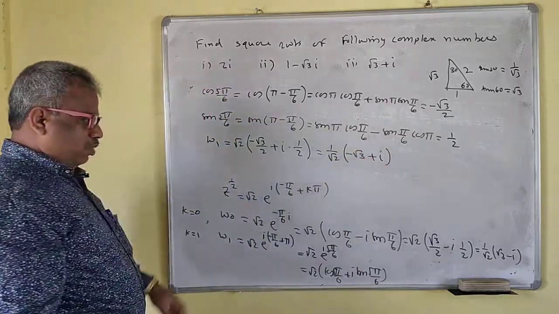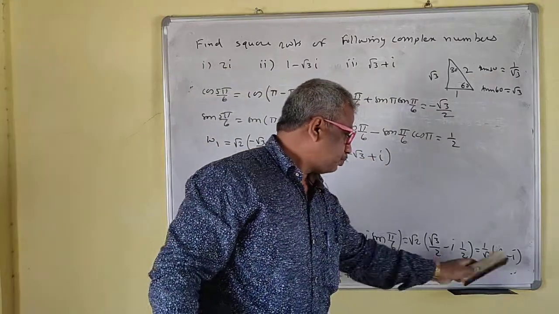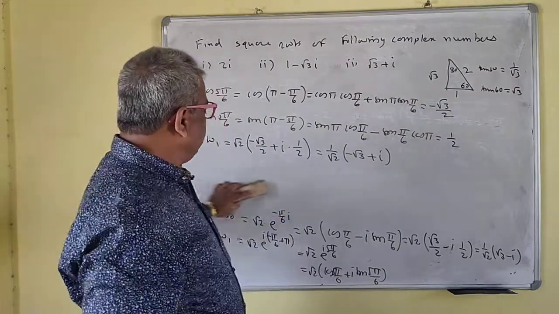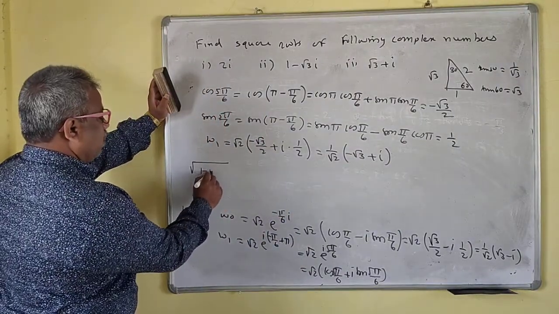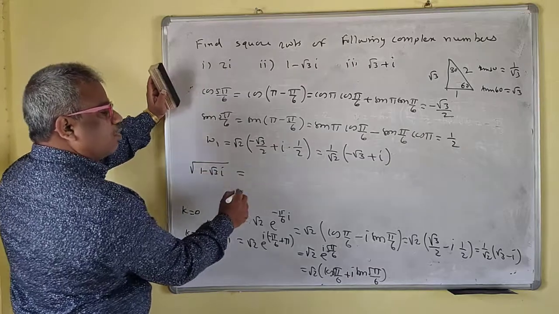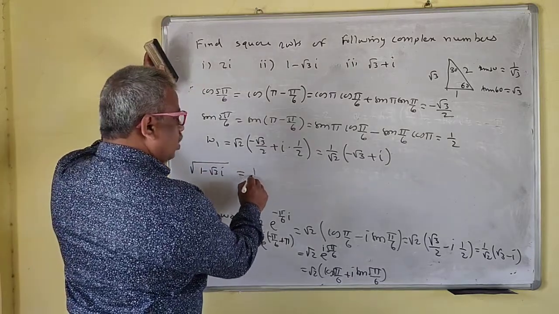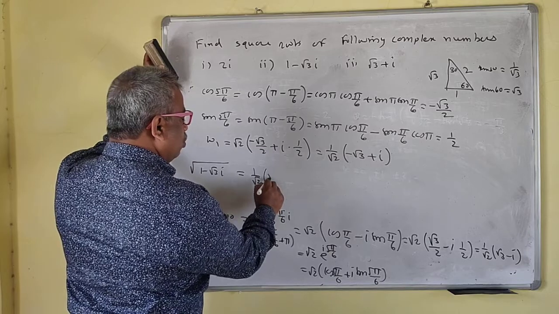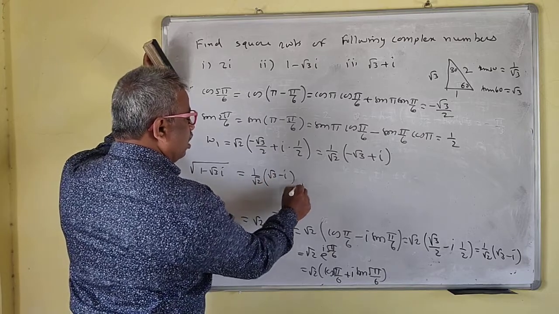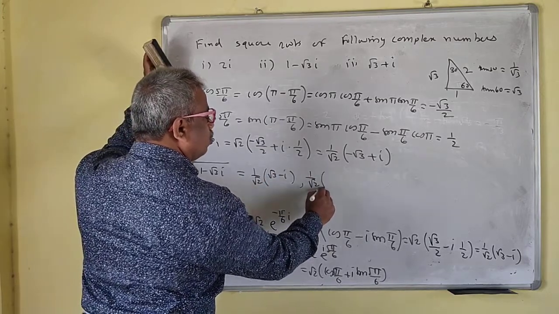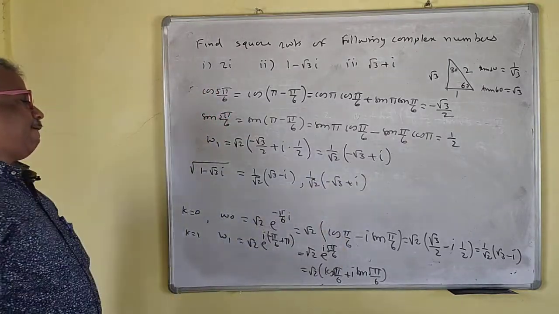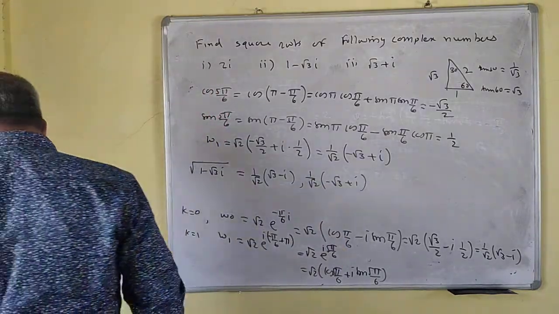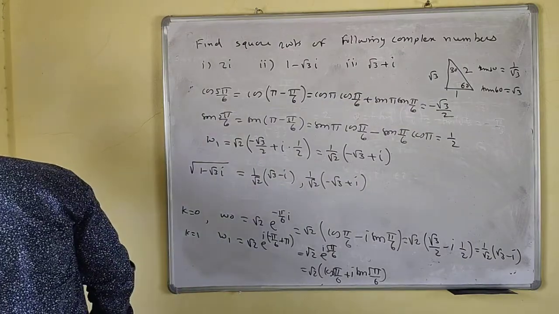So your roots are, therefore, the square root of 1 minus root 3 i is equal to 1 by root 2 into root 3 minus i, and 1 by root 2 into minus root 3 plus i.